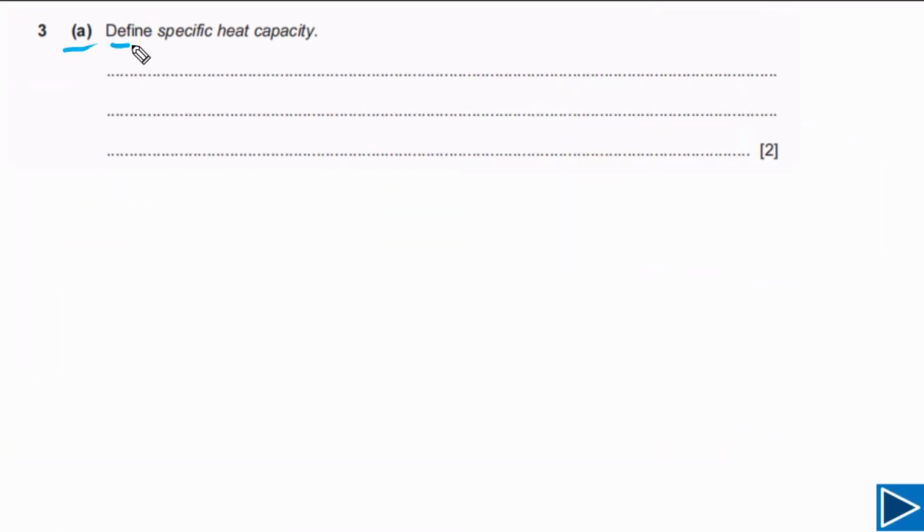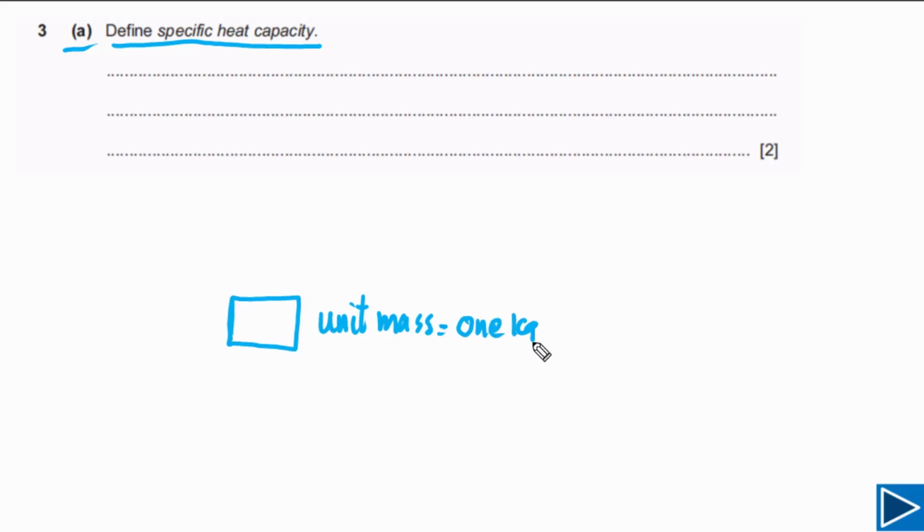For part A, we need to define specific heat capacity. First of all, let's try to understand what specific heat capacity is. Imagine that we have unit mass of any substance. When we talk about unit mass, it simply means 1 kg in SI units.